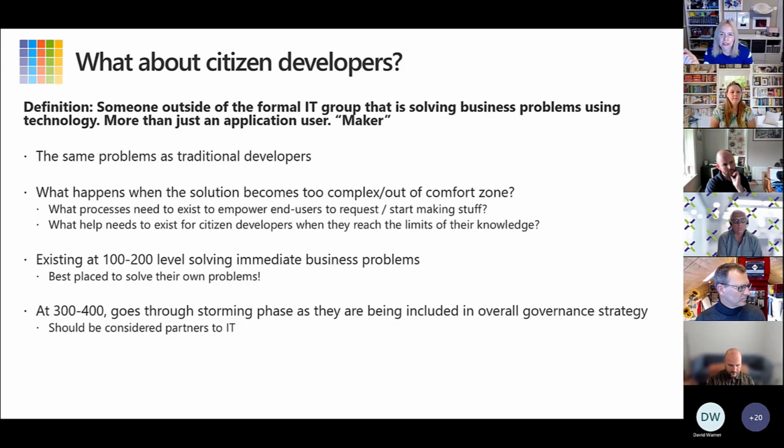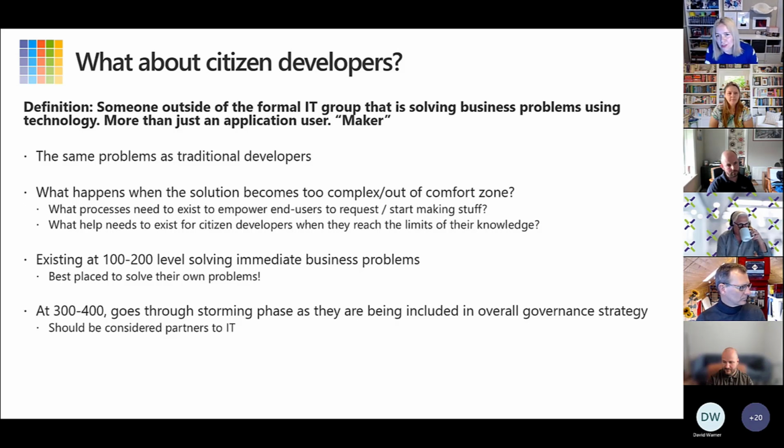When we think about this in terms of maturity, it's not just about citizen developers and what they need, but taking it a step before that and thinking about it from the end user perspective. So how does an end user become a citizen developer? Is that something that's understood and documented? Is there a process for that within your organization?